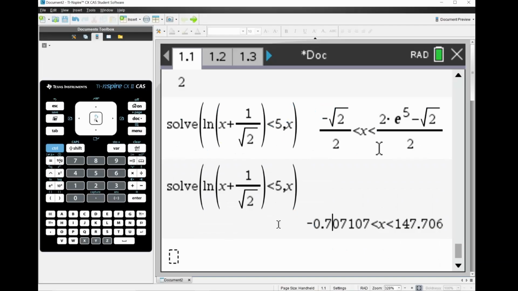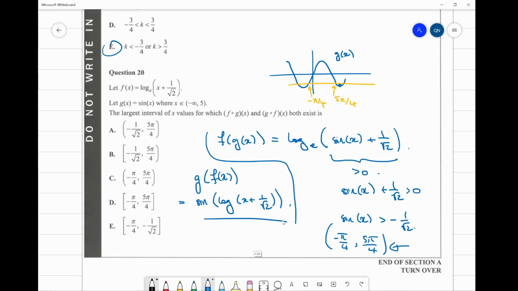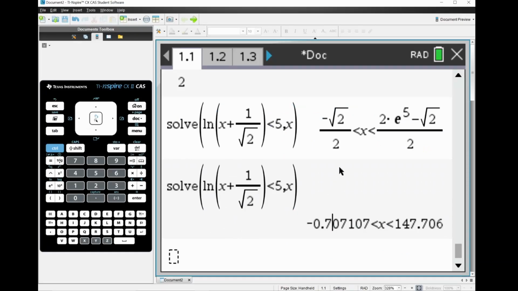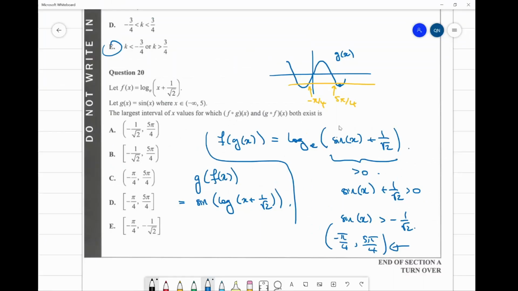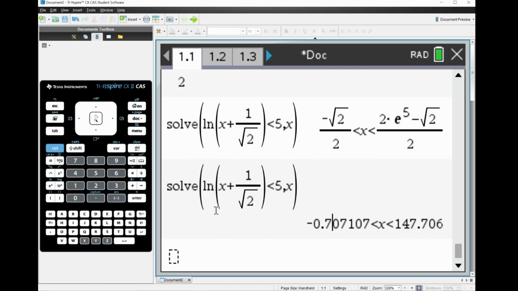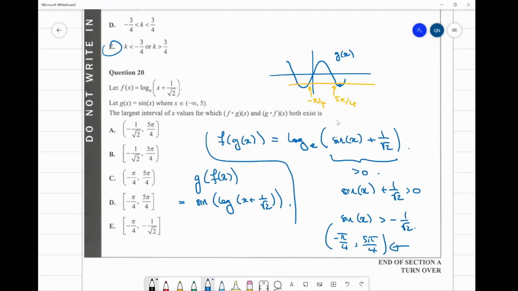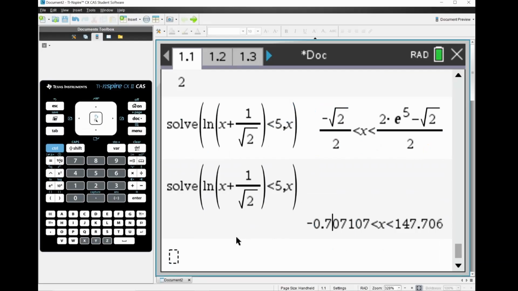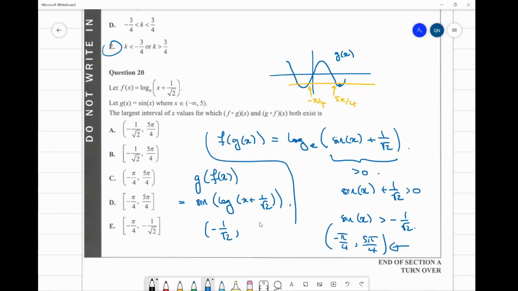But for the logarithm, for this guy over here, we found the domain to be -1/√2. Can we have inclusive? I don't think so. Because, yeah, this is -1/√2, comma, and then that value, which is 147. Right, so we need to take the intersection of these two intervals here.